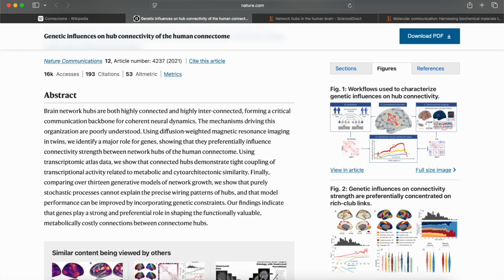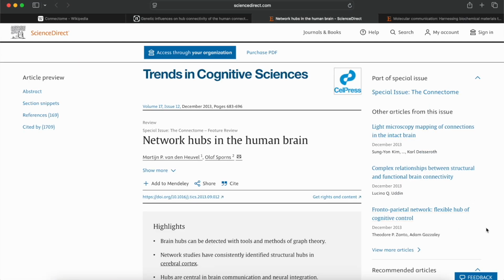Our findings indicate that genes play a strong and preferential role in shaping the functionally valuable, metabolically costly connections between connectome hubs. So, what is a brain network? We're going to go over here to Science Direct, and we're going to read network hubs in the human brain.